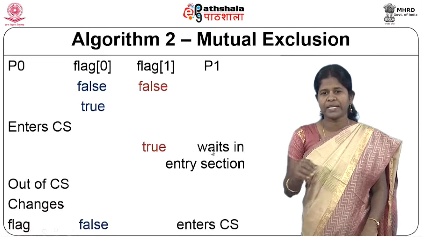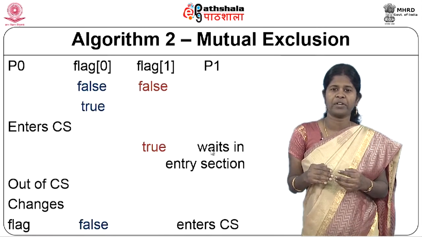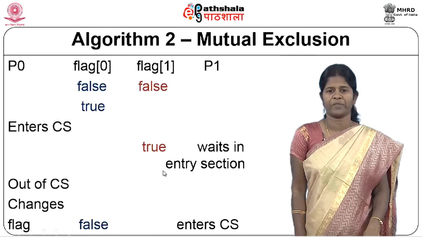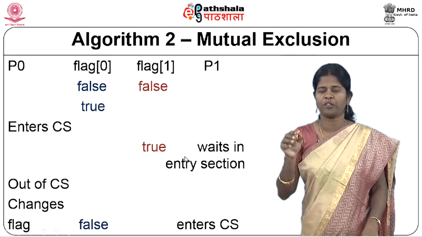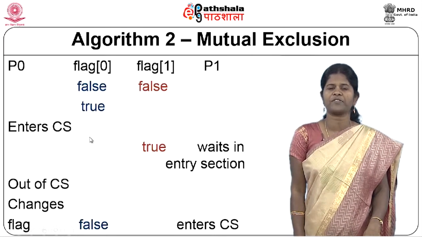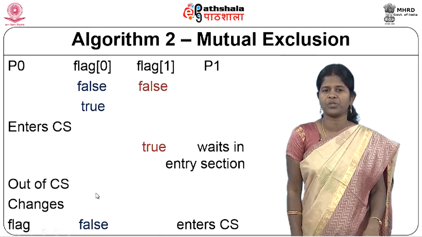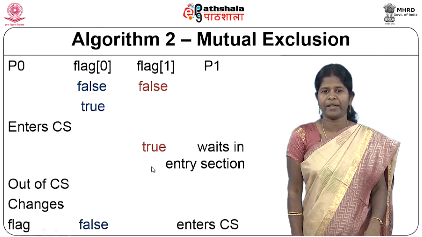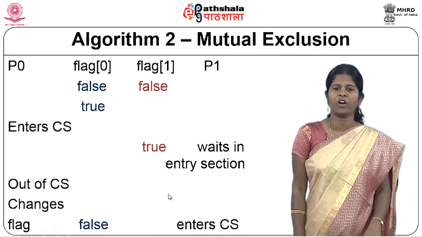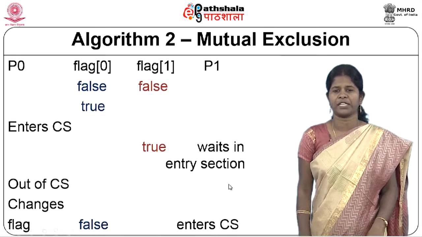It is continuously checking if flag of 0 is true or false, that is while flag of j. As long as the flag was true, it was waiting, and now flag of 0 has become false. So, while of false makes P1 come out of the while loop and P1 enters the critical section.